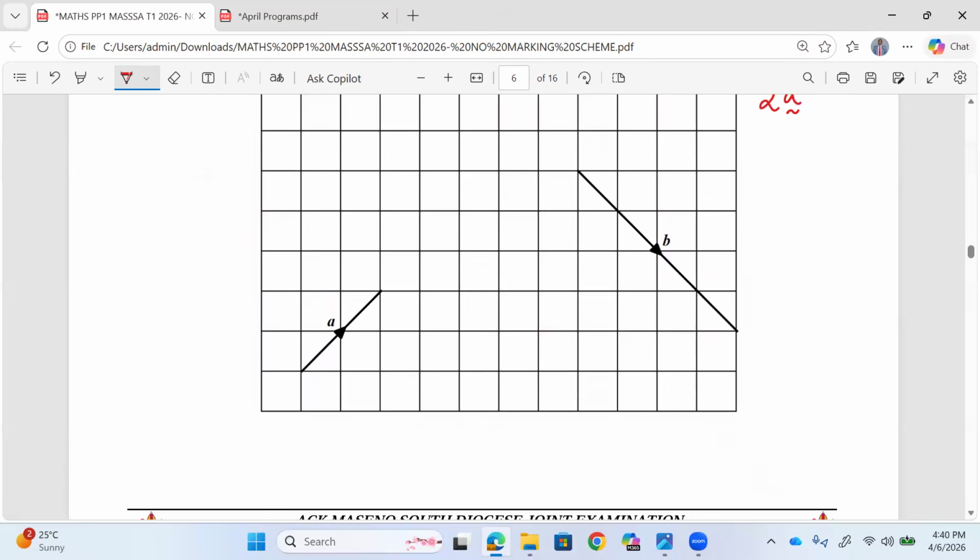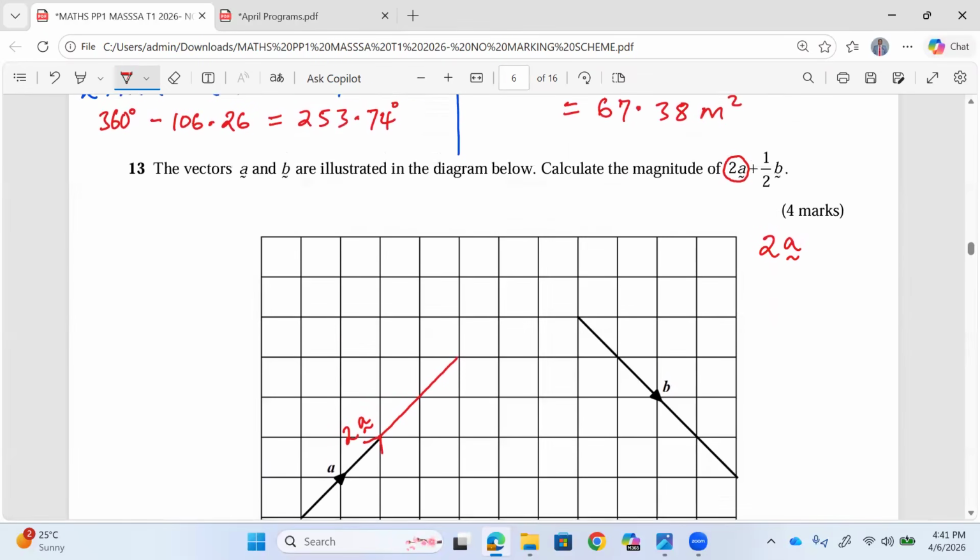So we can draw another vector like that, so that we have 2A. The whole of this vector, from this point to that point, is 2 vector A.